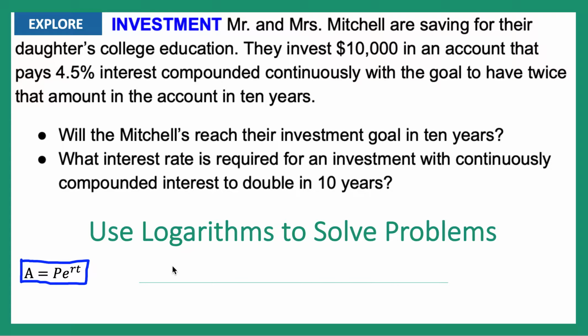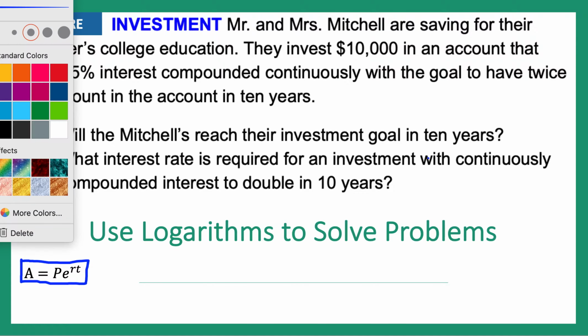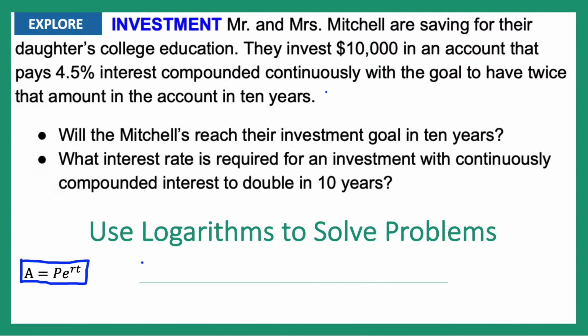So first of all, let's take all the information that we have. What we have here is the amount A, and the principal is $10,000.